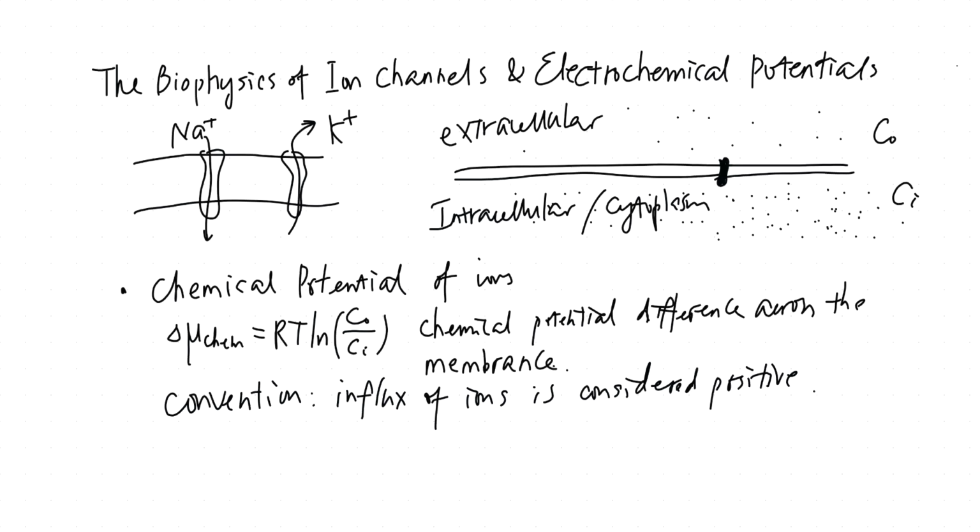You can take the other approach: switch the direction and you switch the sign, saying outflux is positive. It doesn't really matter, as long as you are consistent when you model your system, that should be fine. So for now, let's just assume ions move into the channel. This is one contribution, the chemical potential, which is basically the diffusion due to concentration difference.